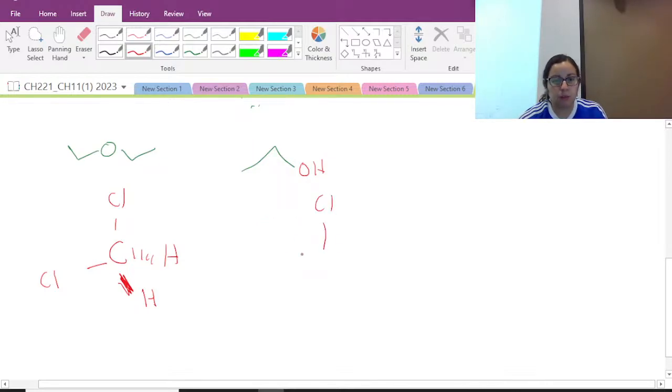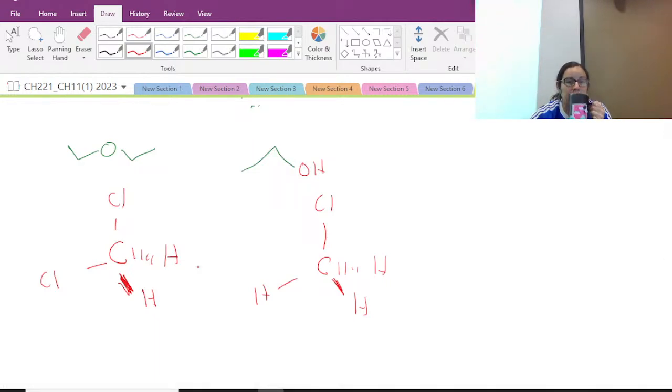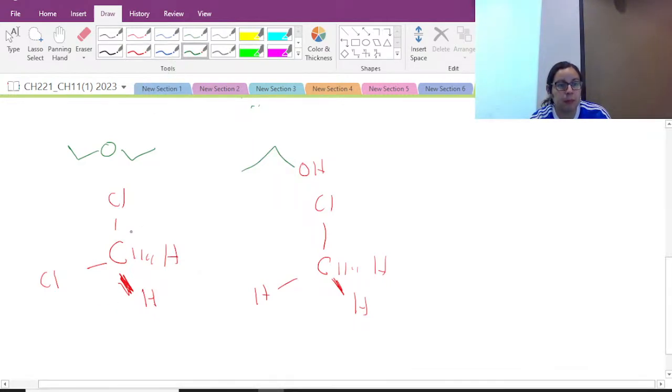We could have also drawn out chloroform. Are these polar or nonpolar? I think they're both polar because of the chlorine. They do not have symmetrical electronegativity vectors.